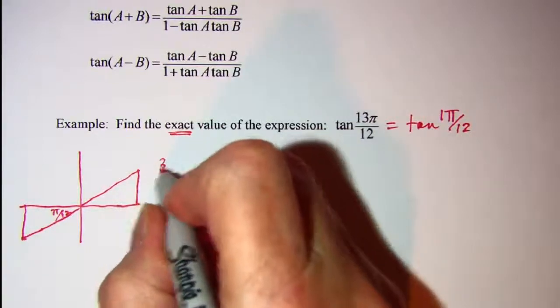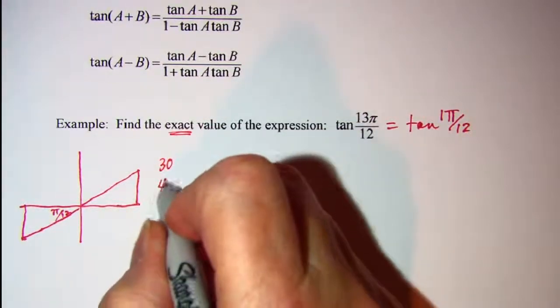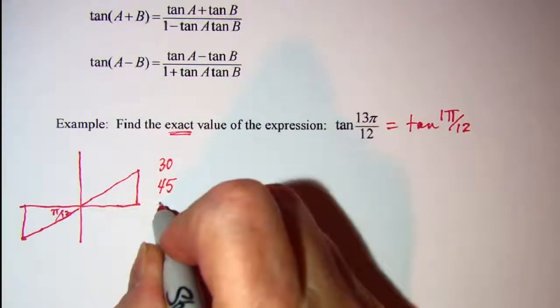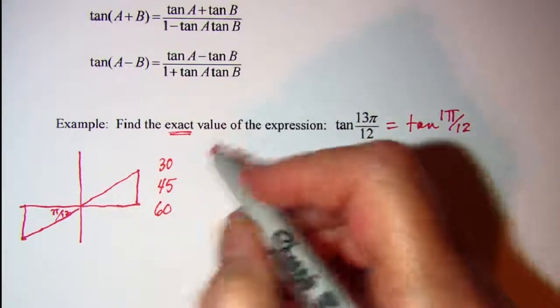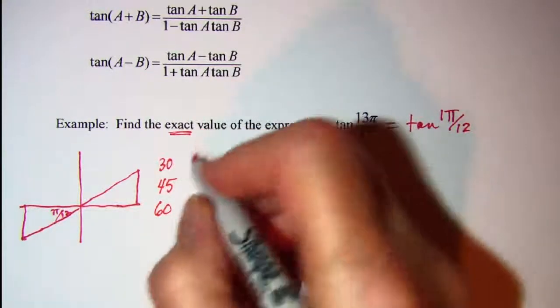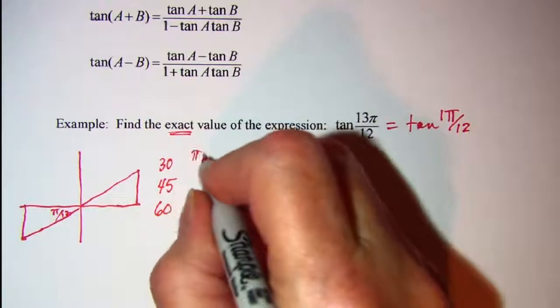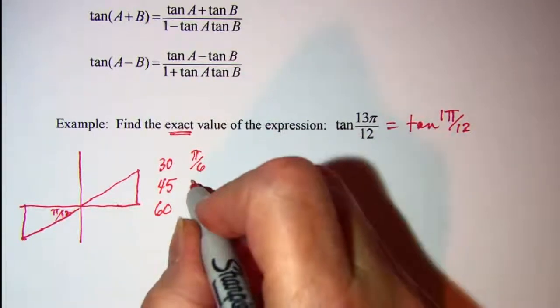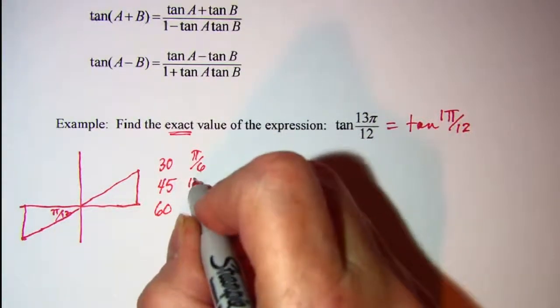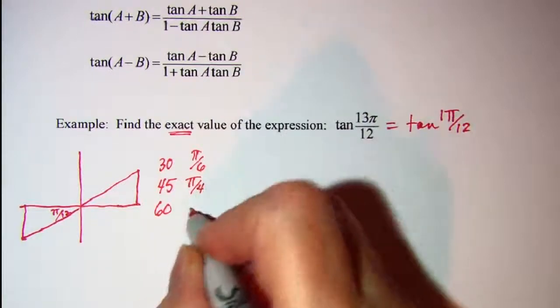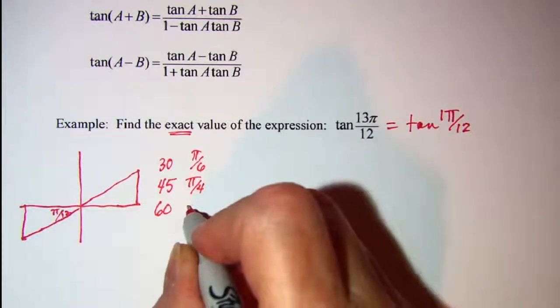So remember, our special angles are 30 and 45 and 60. 30 is pi over 6. 45 is pi over 4. And 60 is pi over 3.